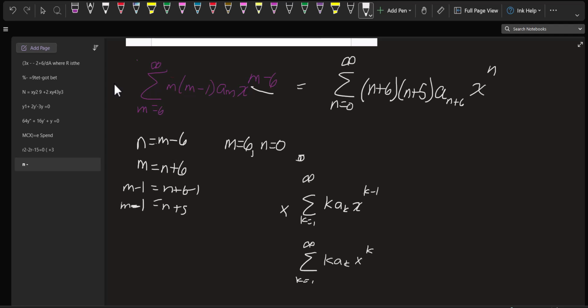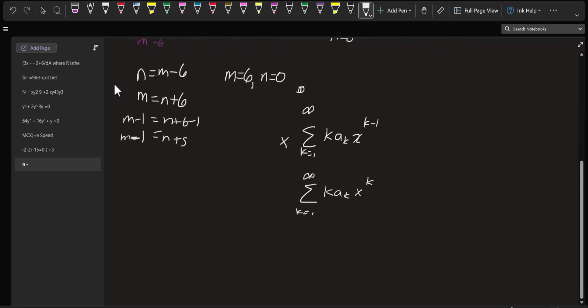Now, if I want to start at 0 instead of at 1, so if I have n equals 0 to infinity, then n equals 0 when k equals 1 means that k equals n plus 1.